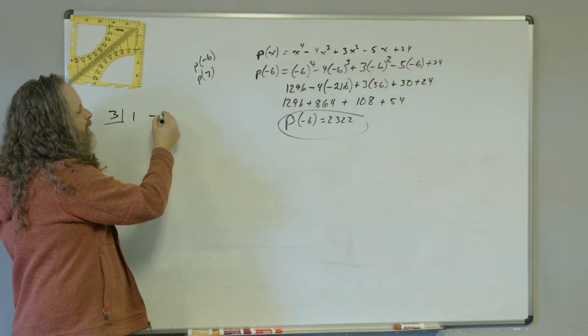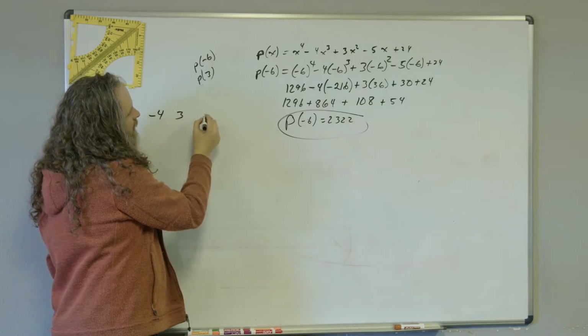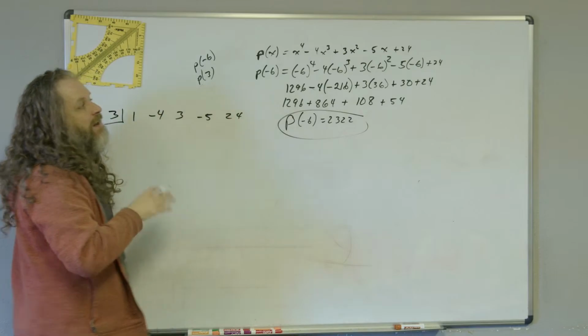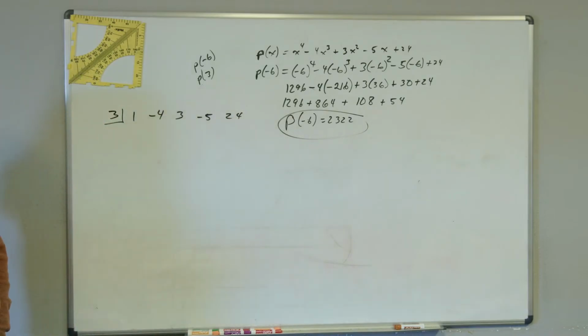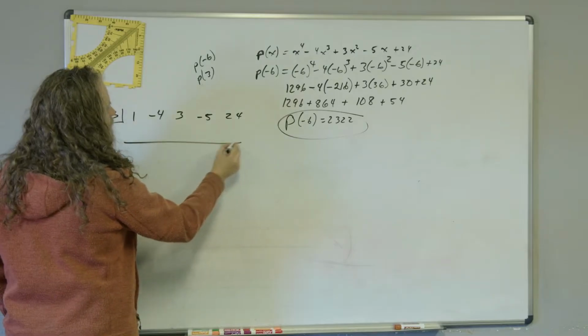Yeah, all of the coefficients, right? 1, -4, 3, -5, 24. Keeping in mind that if there's some missing, you have to put a 0, right? Now what?